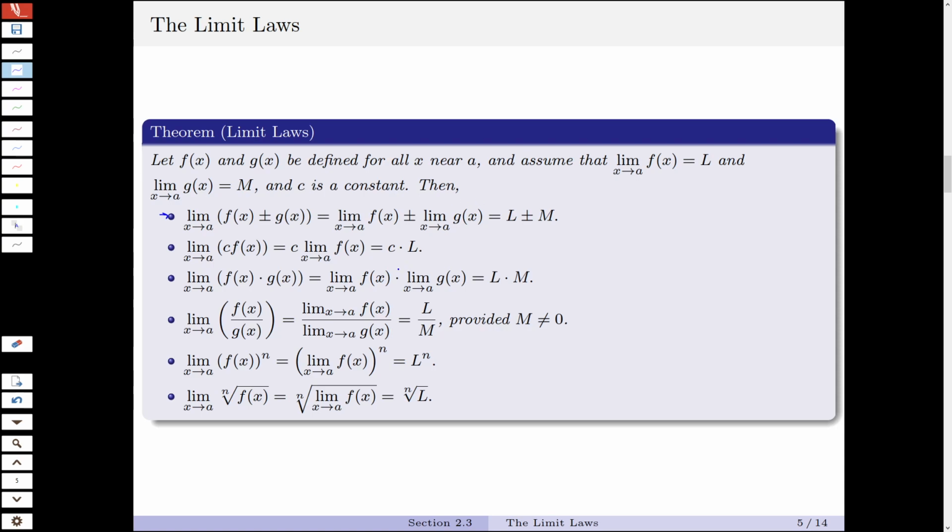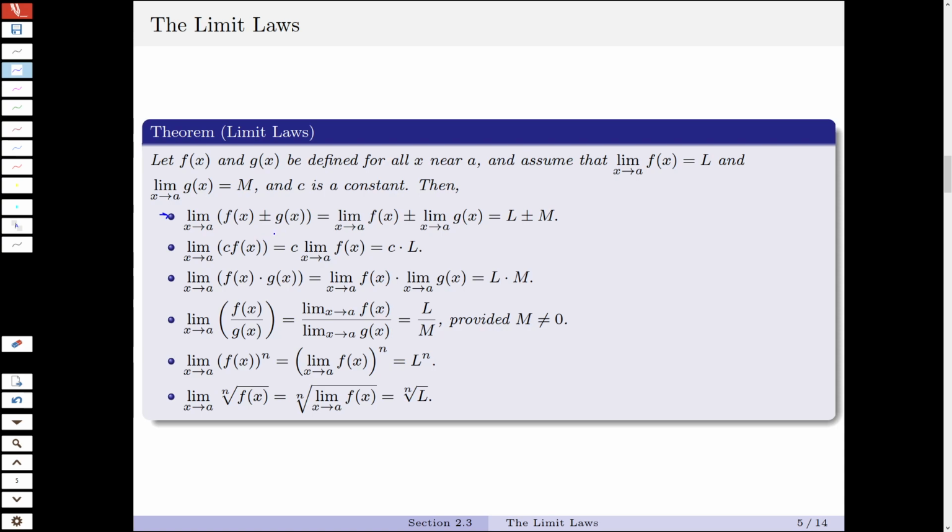Another way to look at that, if I'm looking at a function that is two functions added, and I'm saying what happens as x approaches a value, I can look at what happens as x approaches a value for the first function and the second function separately and then add them together. Since I'm adding anyway, it doesn't matter if I do that before or after I look at what happens as I approach the function.